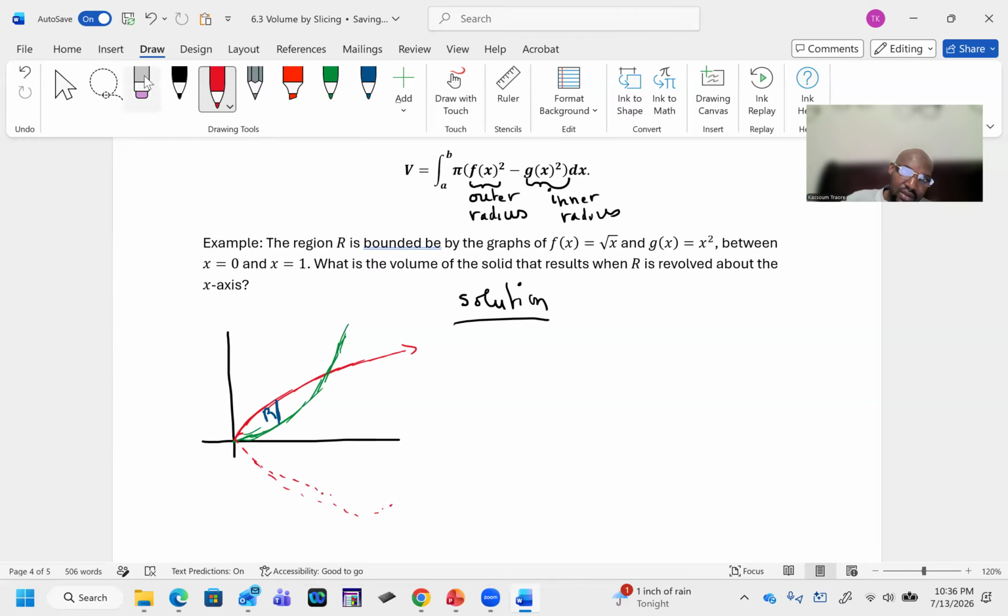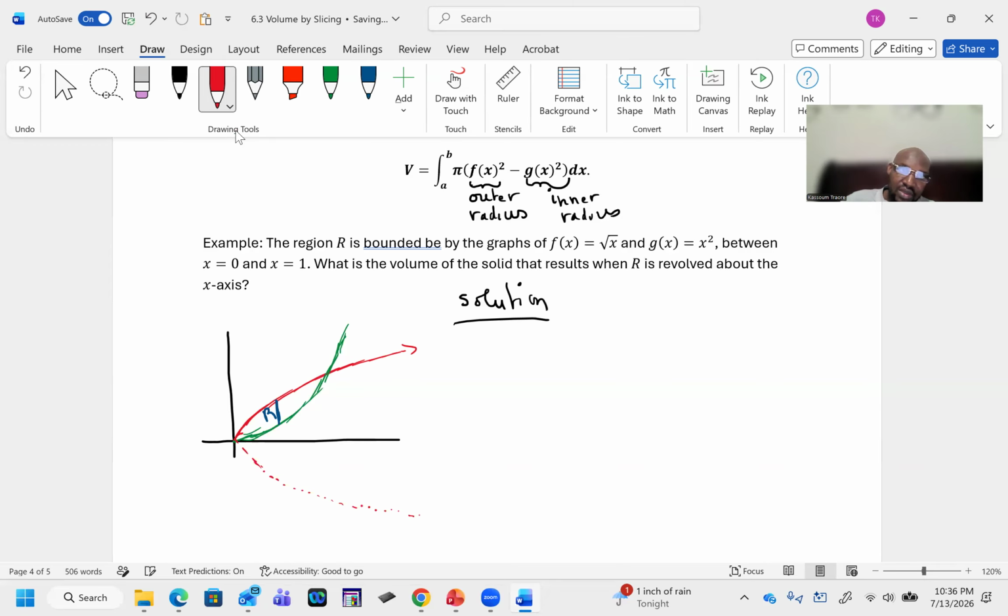Sorry. I do want to make sure you see. It's always better to get a graphing calculator and sketch so you will see what this shape will be.